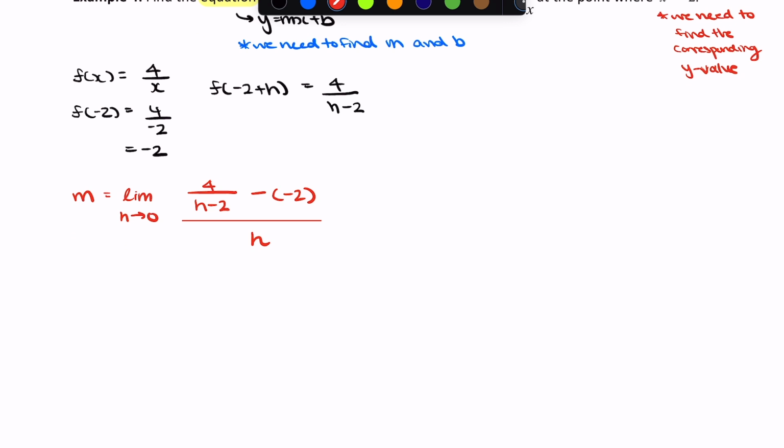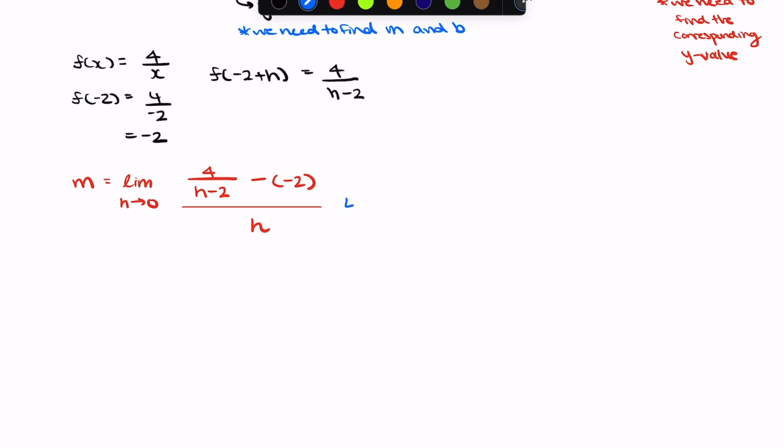If we find the lowest common denominator of h minus 2, we can multiply that 2 by h minus 2. So I have the limit as h approaches 0 of 4 over h minus 2, plus 2 times the bracket h minus 2, over h minus 2, divided by h.